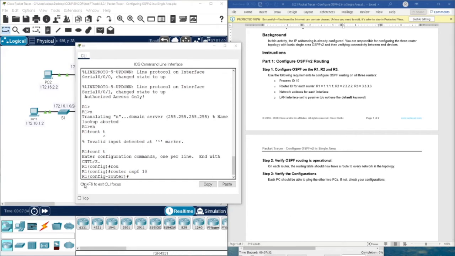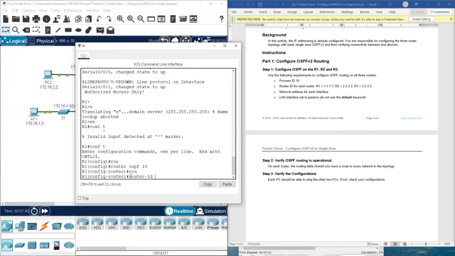As you can see, now we have router config router. So now we are inside OSPF 10, and now we can give the router ID, and it is 1.1.1.1 as it's given here for R1.